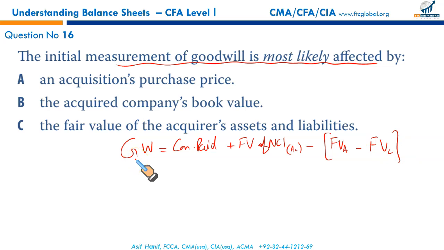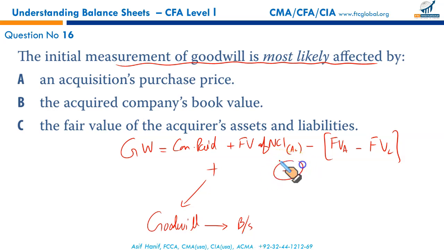And one very fine point, maybe you need it later. If the result of this formula is positive, please note it down, goodwill is reported as an intangible, long-lived asset on the parent's consolidated balance sheet.